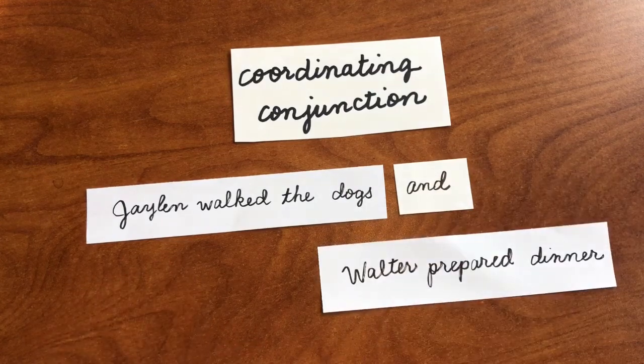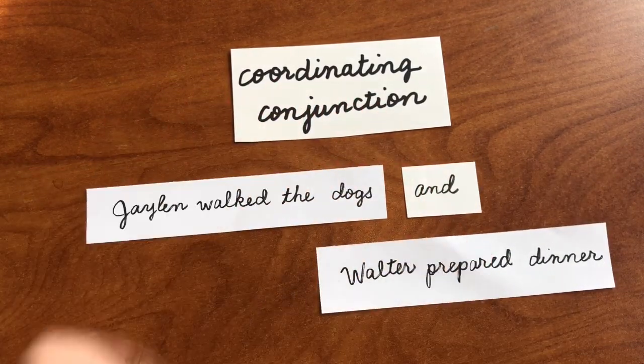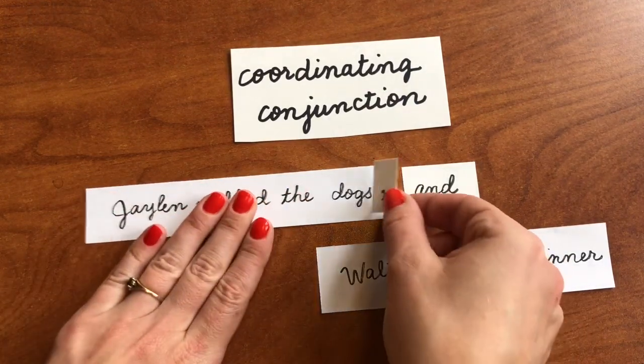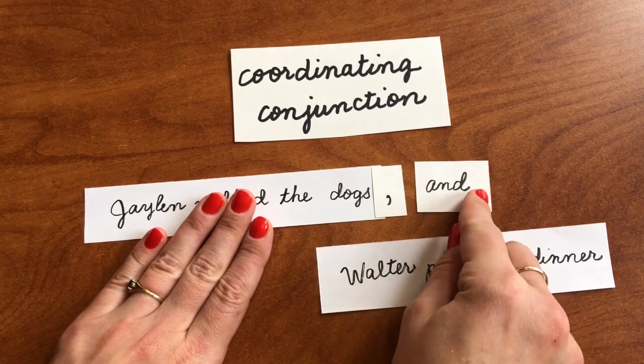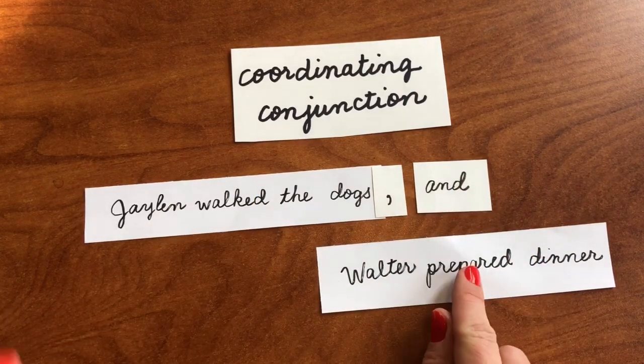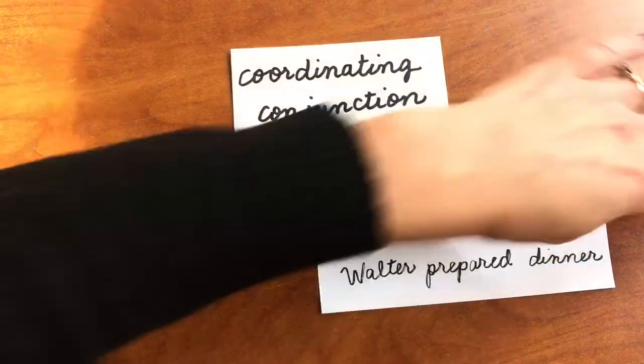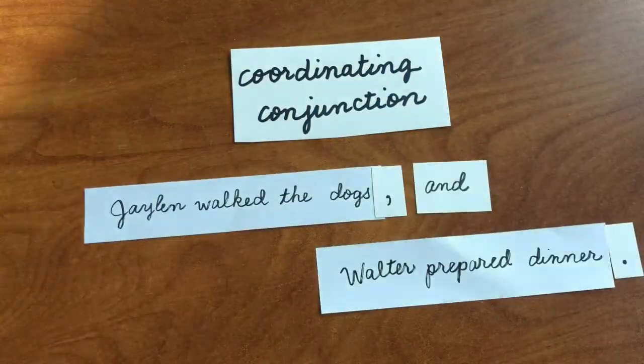And, maybe. And when we have two independent clauses here, especially when they're a little lengthier like they are here, we're actually usually going to add a comma after the first clause before the coordinating conjunction. Jalen walked the dogs, and Walter prepared dinner, period.